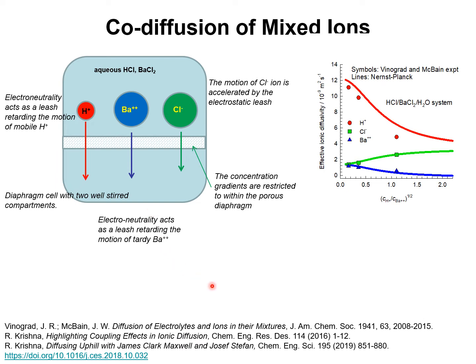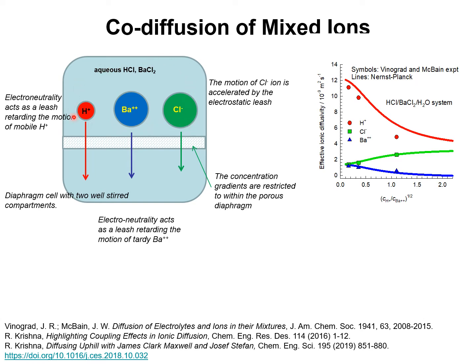In 1941, Winograd and McBain published a set of experimental data on effective ionic diffusivities that were measured in a two-compartment diffusion cell shown schematically here. The two cells are well mixed.